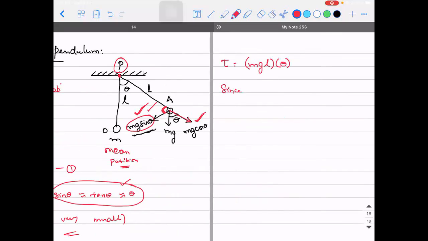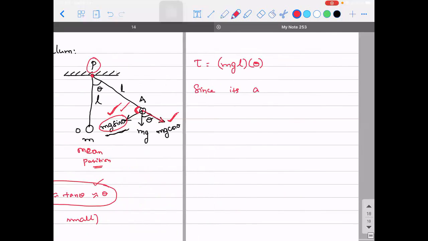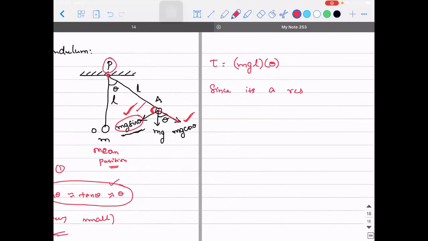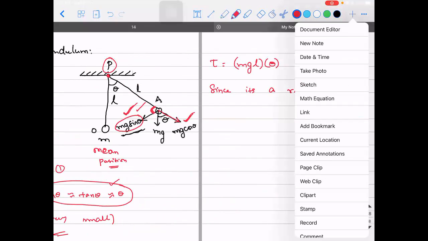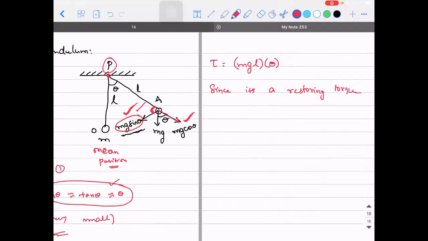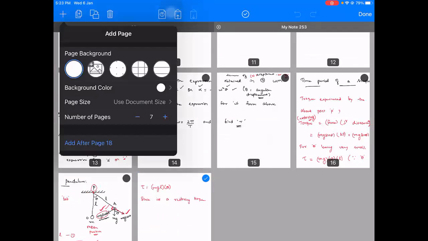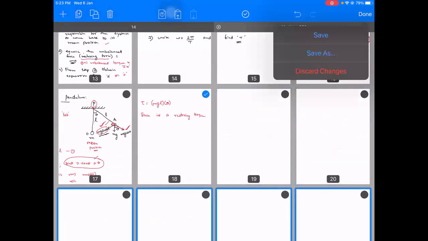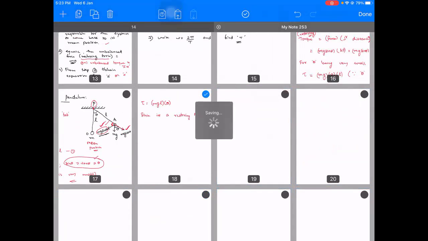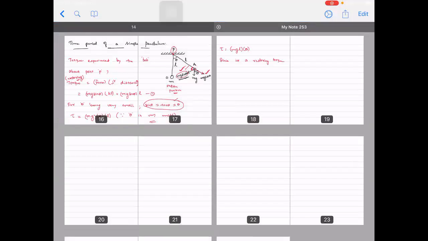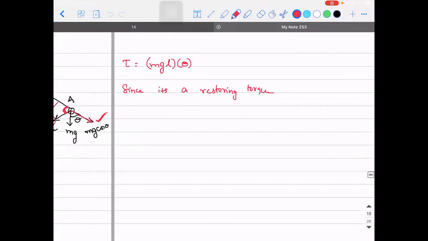Now see, since it's a restoring torque, torque will be equal to minus mgL into theta.